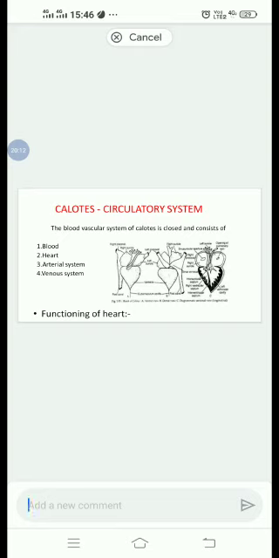The right auricle receives deoxygenated blood from the sinus venosus. The two auricles open into the ventricle by two openings called auriculoventricular apertures.